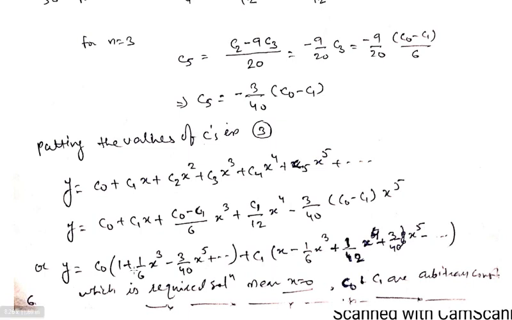So y equals c0 (1 plus 1 by 6 x cubed minus 3 by 40 x^5 plus so on) plus c1 (x minus 1 by 6 x cubed plus so on). This is the required series solution about the ordinary point x equals 0, where c0 and c1 are arbitrary constants. So in this way we find the solution about an ordinary point in series form.